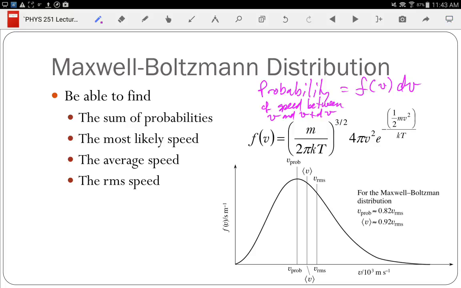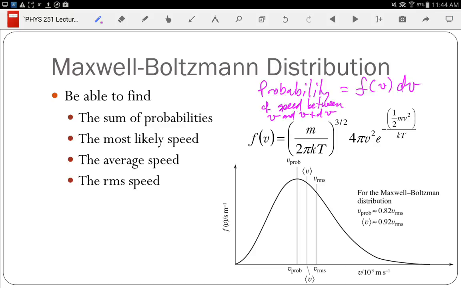When you think about this, the dm over total mass is a weighting factor for each position. You add up the weighting factor times the position, and then divide by the total. So dm over the total mass is the weighting factor, it's the probability. And then you do the integral over all the probabilities to get the center of mass.